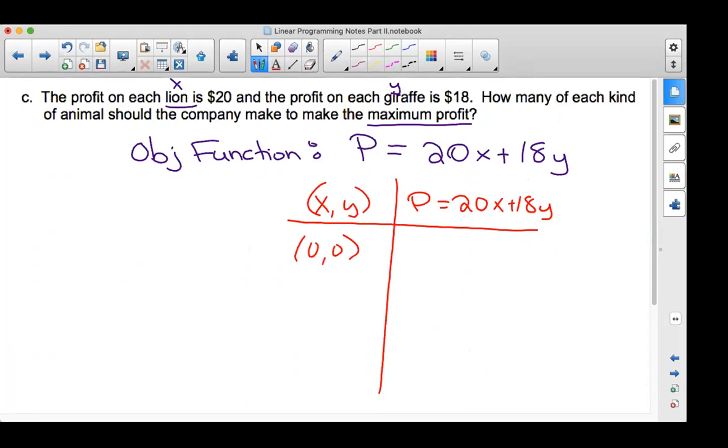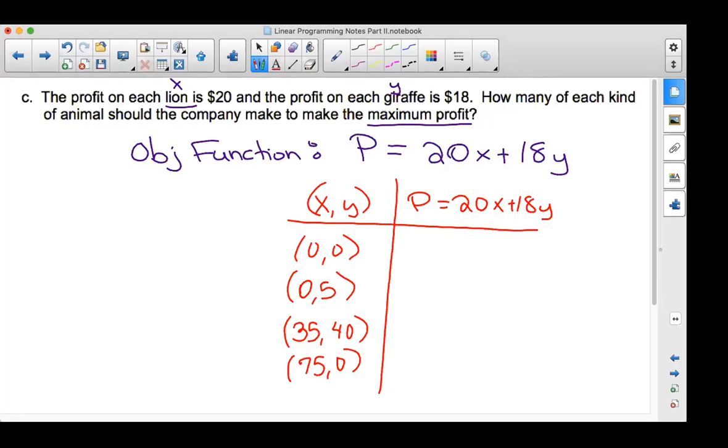Now, obviously, 0, 0 isn't going to, and I'm pretty sure 0, 5 isn't going to as well. 0, 0 is going to give me nothing. 0, 5 is still going to give me a pretty low number. However, we also have 35, 40 and 75, 0.